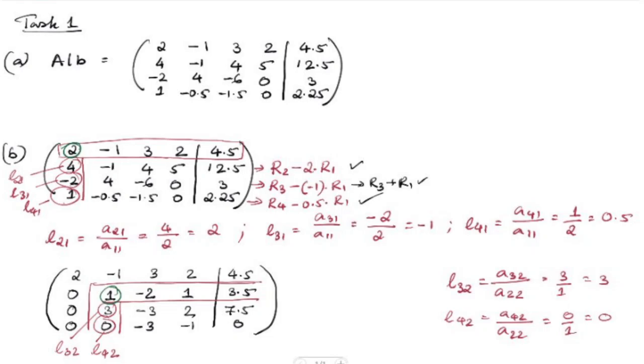So now let's write our row operations. For this row here, our operation will be row 3 minus L3,2, which is 3 times the freezed row now. So the freezed row now is row 2.